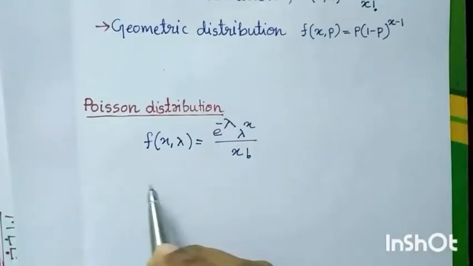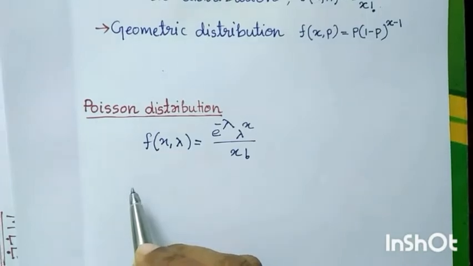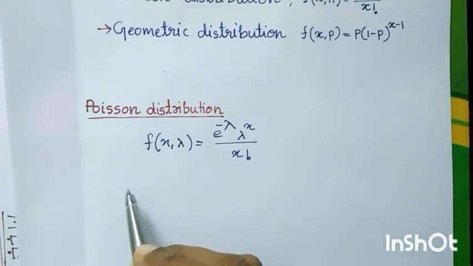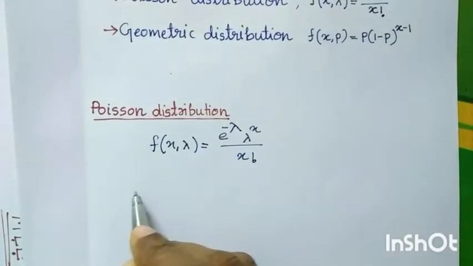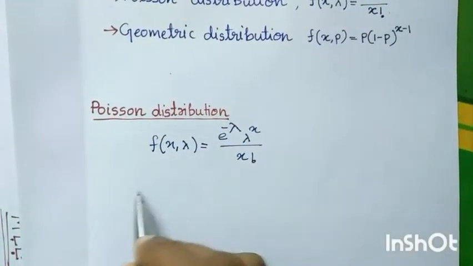Okay. Next you have to write the log likelihood function that we studied in the MLE method. What is the log likelihood function? Here the parameter is lambda.